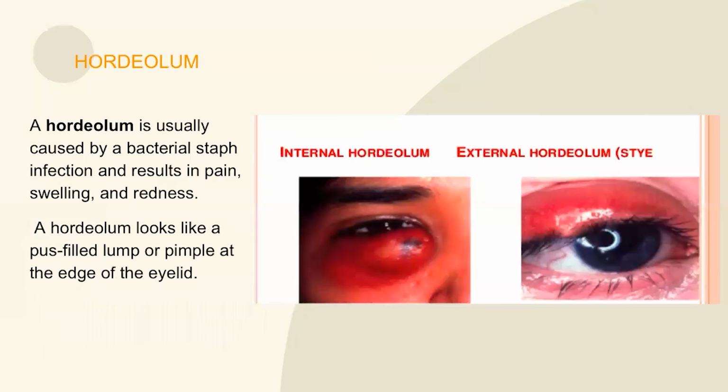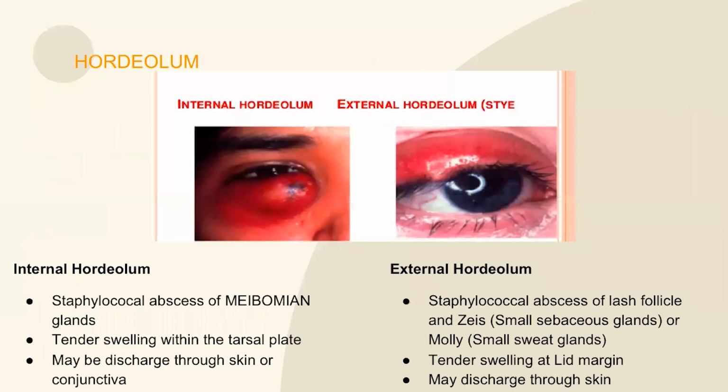The next one is hordeolum. It is usually caused by a bacterial staph infection and results in pain, swelling, and redness. A hordeolum looks like a pus-filled lump or pimple at the edge of the eyelid. There are two kinds of hordeolum, the internal and the external.